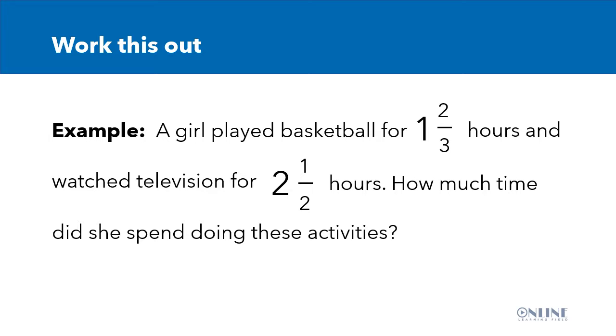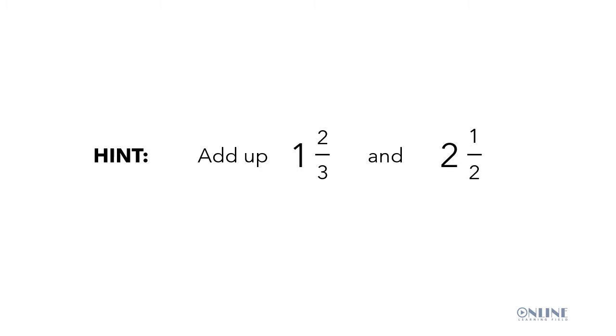We are required to calculate the total time she spent doing these activities. Adding up the 1 2/3 hours she spent playing basketball and the 2.5 hours she spent watching television will give us the answer.